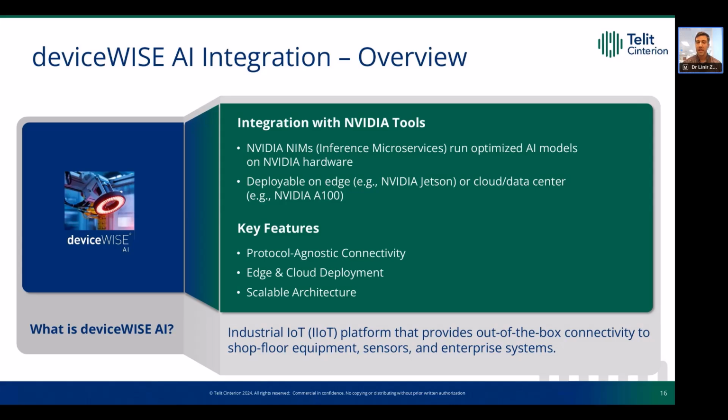And of course, we're talking about scalable architecture. You can deploy it on as many factory floors or assembly lines as you have in a factory. And at the end of the day, deviceWISE AI, or deviceWISE in general, is an industrial IoT platform that provides out-of-the-box connectivity to shop floor equipment, sensors, and enterprise systems. Basically, this is one solution to fit them all.